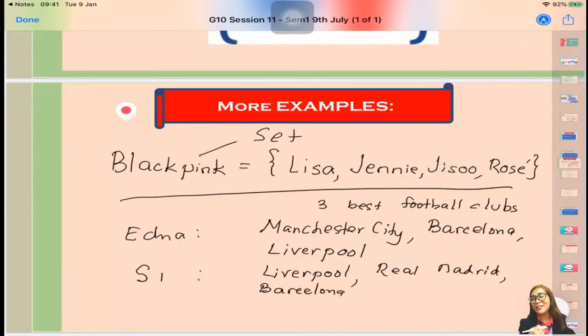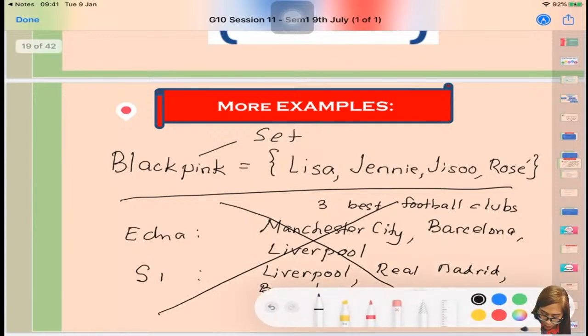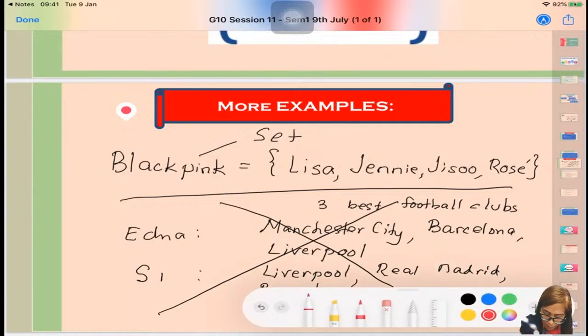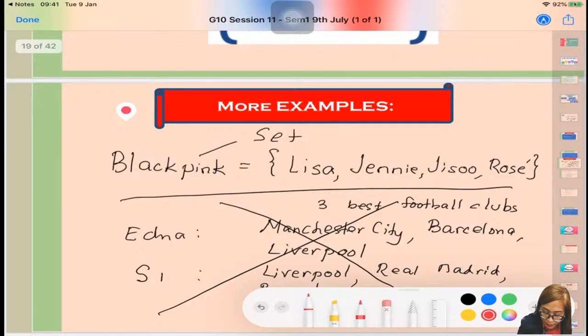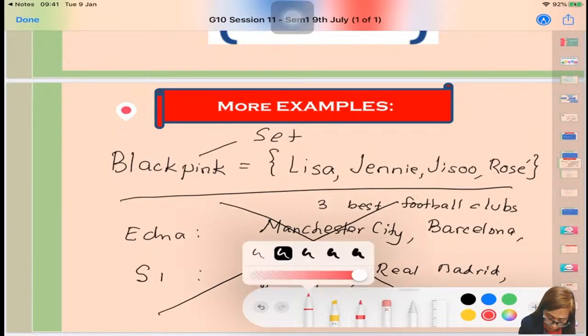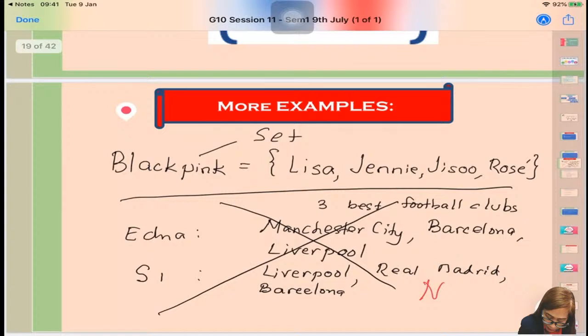So your answer is different from my answer. So these three best football clubs in the world is considered not a set. Okay, this is considered not a set because your answer is different from mine.